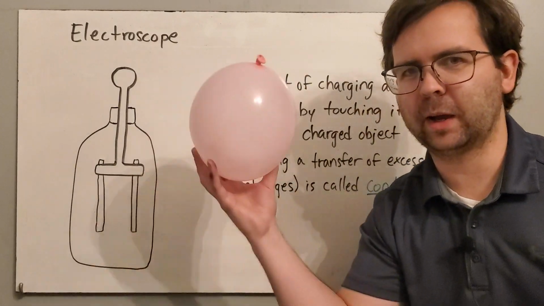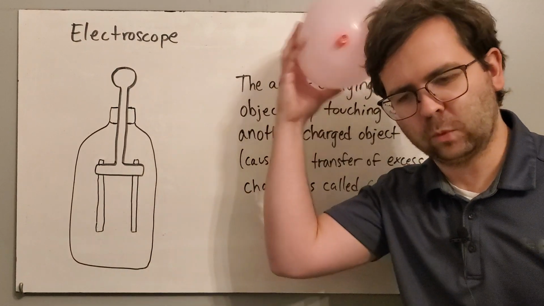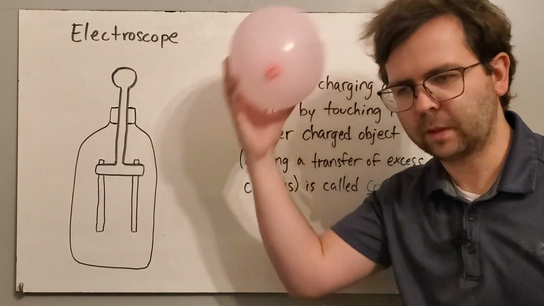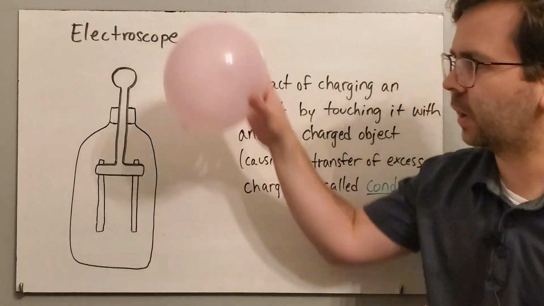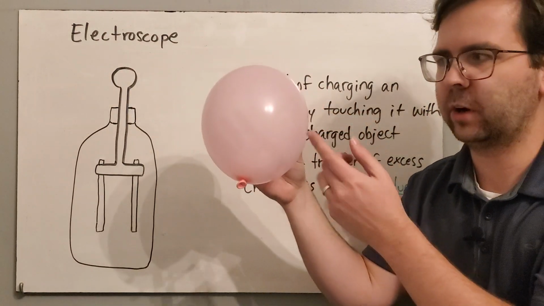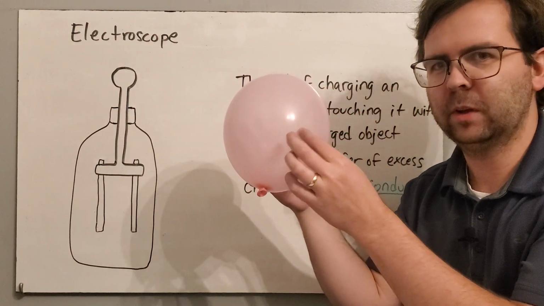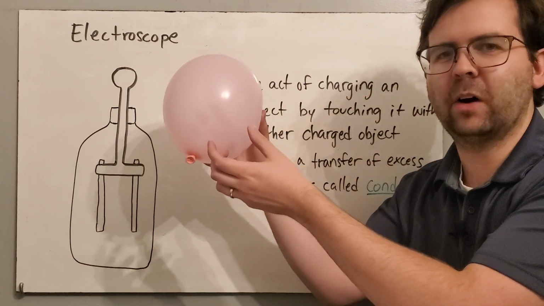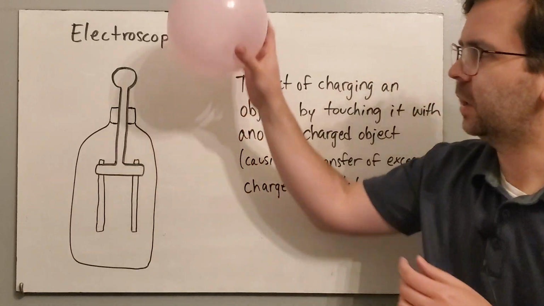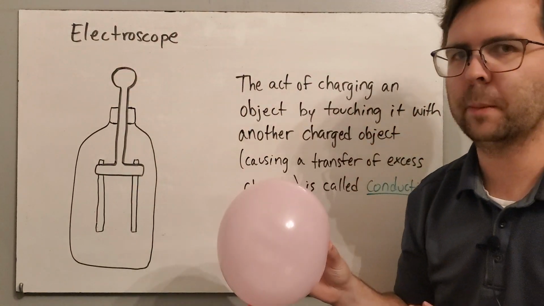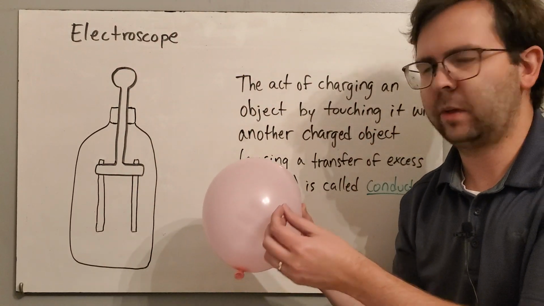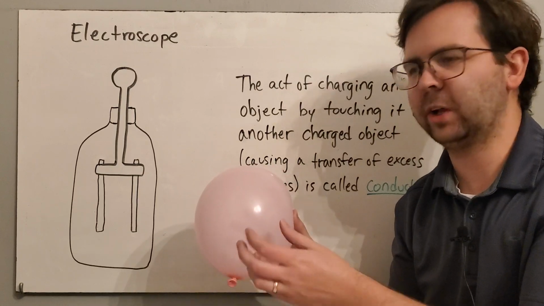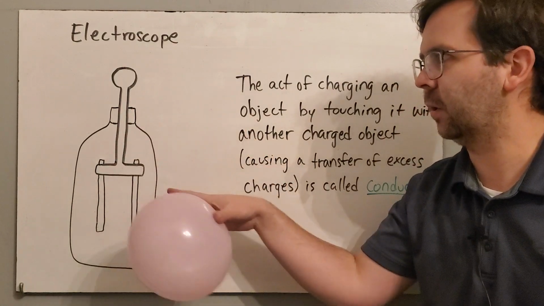So I'm going to take my classic balloon here, rub it up against my hair. What do you think will happen if I deposit these electrons that are now on the balloon? I can even hear them. It's a little staticky. There's electrons now on the balloon from my hair. If I take this and touch it to the metal, then the electrons will want to jump off and get away from each other and jump onto the metal.